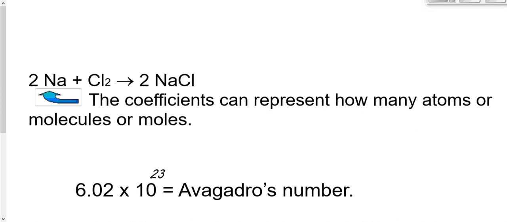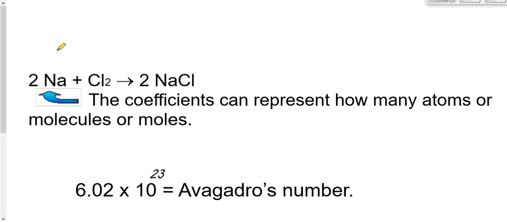Now, going back to our example of sodium and chlorine reacting to make sodium chloride, we have 2 atoms of sodium reacting with 1 molecule of chlorine to make 2 molecules of sodium chloride. These coefficients, the balancing that we've been using to practice balancing equations, can definitely stand for atoms or molecules.